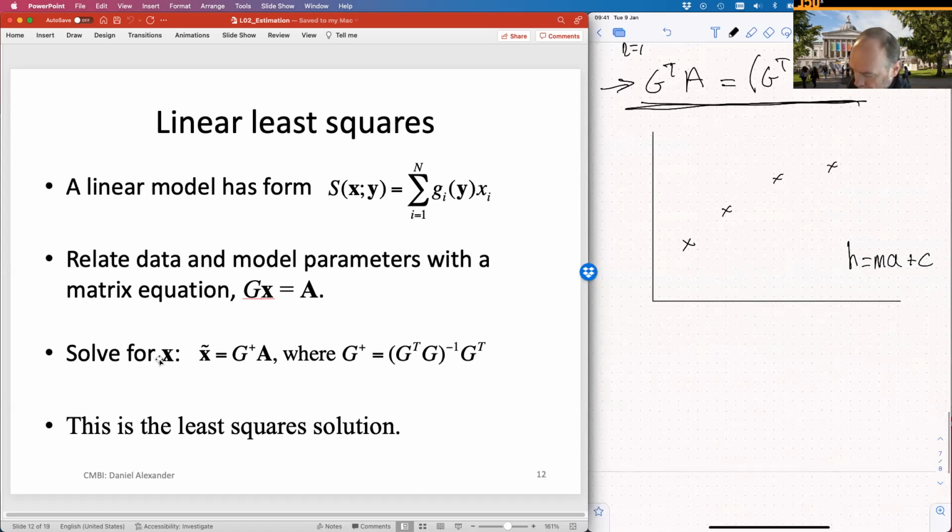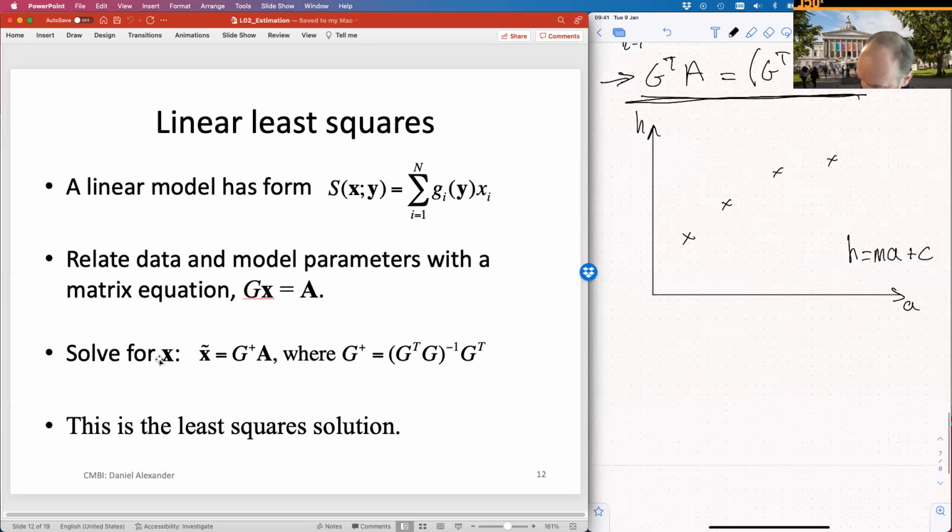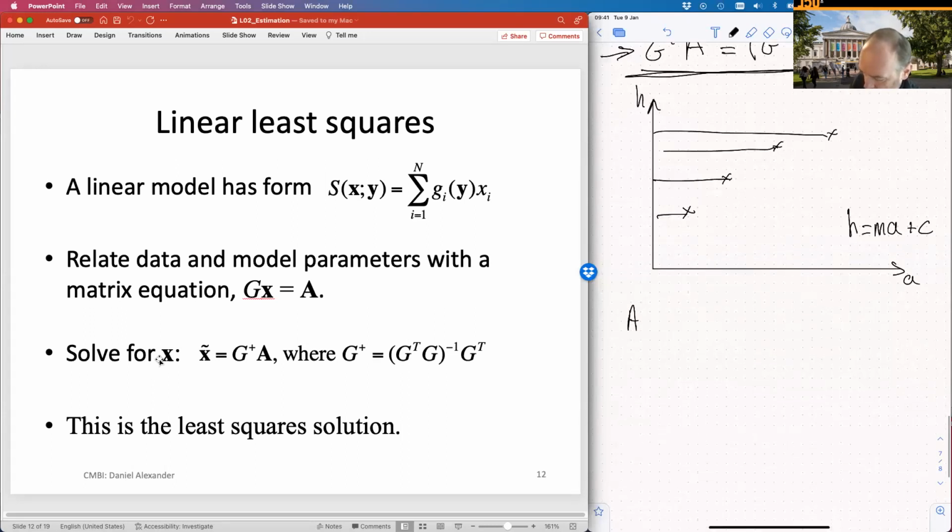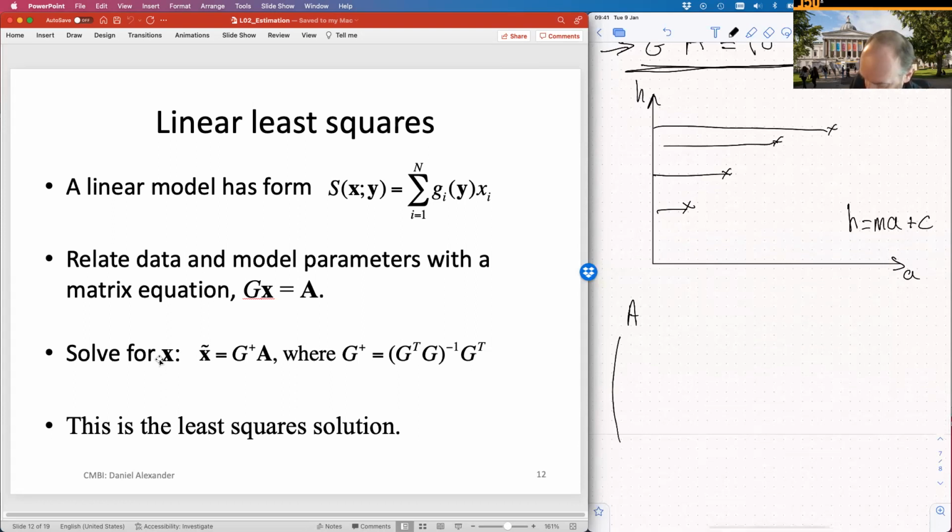And let's think about the contents of these various matrices in the matrix equation that we're trying to solve. So this is the h-axis, this is the age axis. So our vector A now contains the list of measurements. The measurements here are the heights, h1, h2, h3, and h4. So let's put those into our measurement vector, h1, h2, h3, h4.